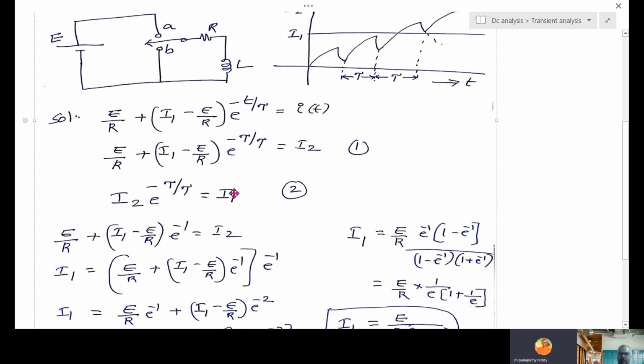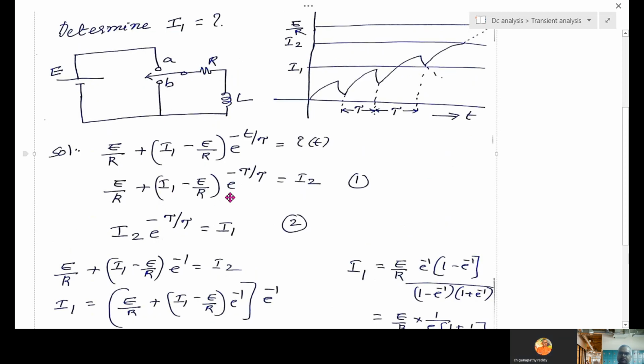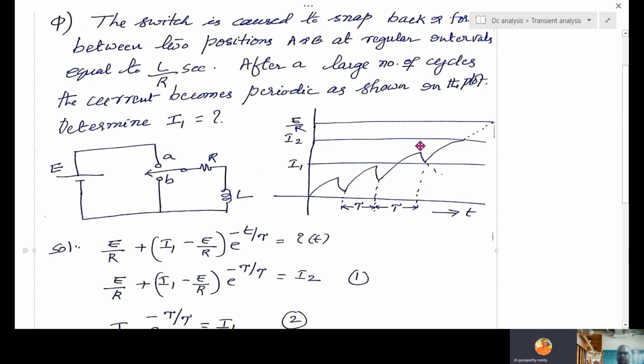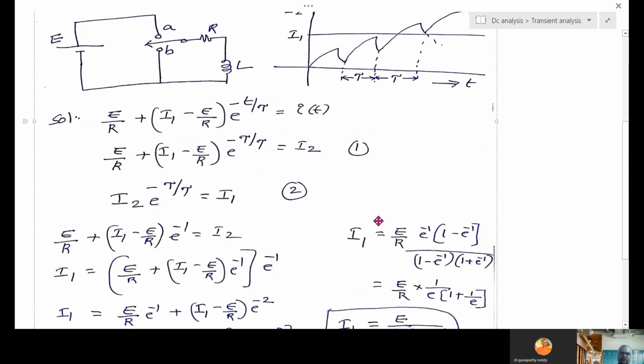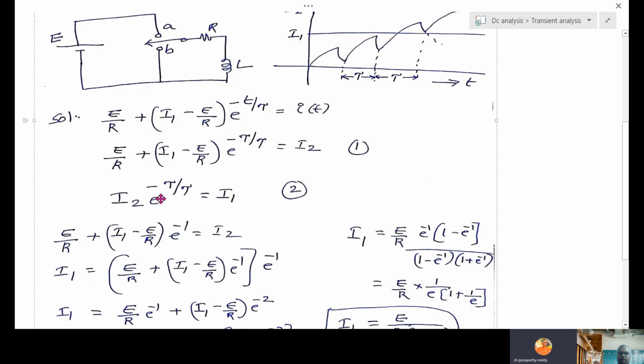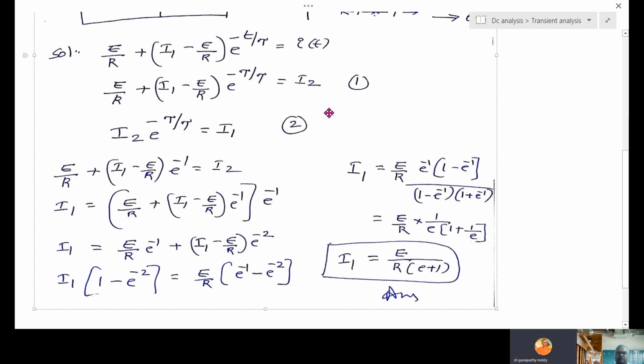At t equal to tau, it will be I1. So I2 goes towards I1. I2 e power minus t by tau is the general expression for I of t, but at t equal to tau, its value should be I1. And equations 1 and 2 we have to manipulate.